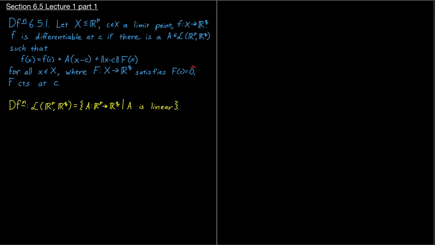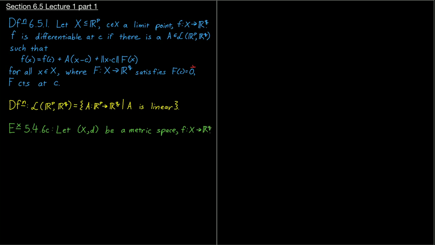Now, I want to remind you of an example from section 5.4. So remember, section 5 is all about metric spaces. So we start with a metric space and a function. In our case, we want a function mapping into R^q.